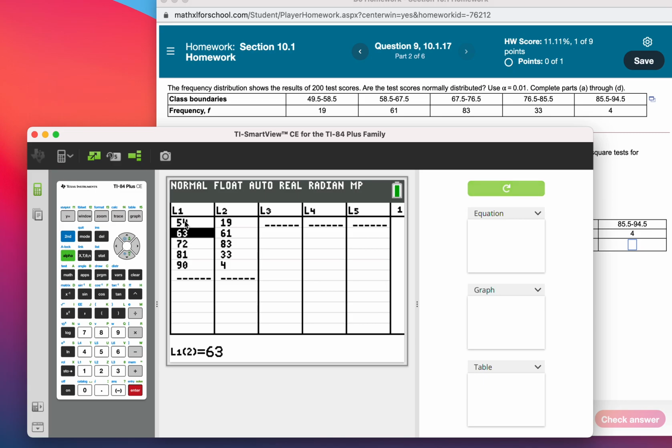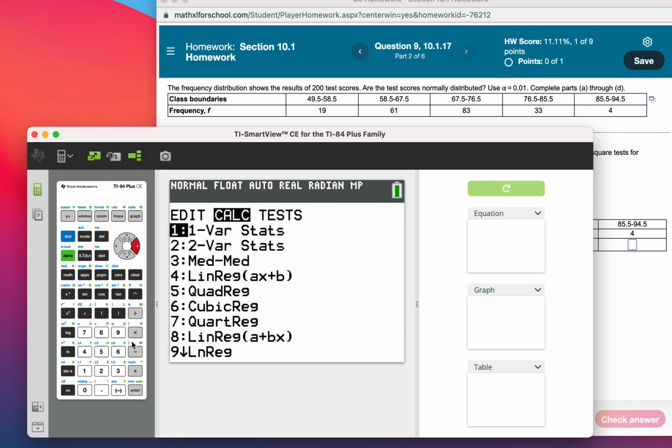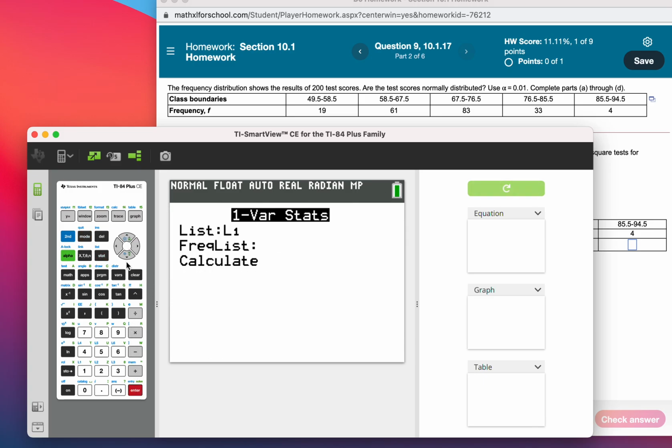Okay, so now I just put the frequencies, 1961 into L2. So how do I find out what the mean and standard deviation of this is? Well, I'm going to quit out of here, go to stat. It's 1-Var Stats, and I have my data in L1, that's these numbers here, and then I have how many of those numbers here.